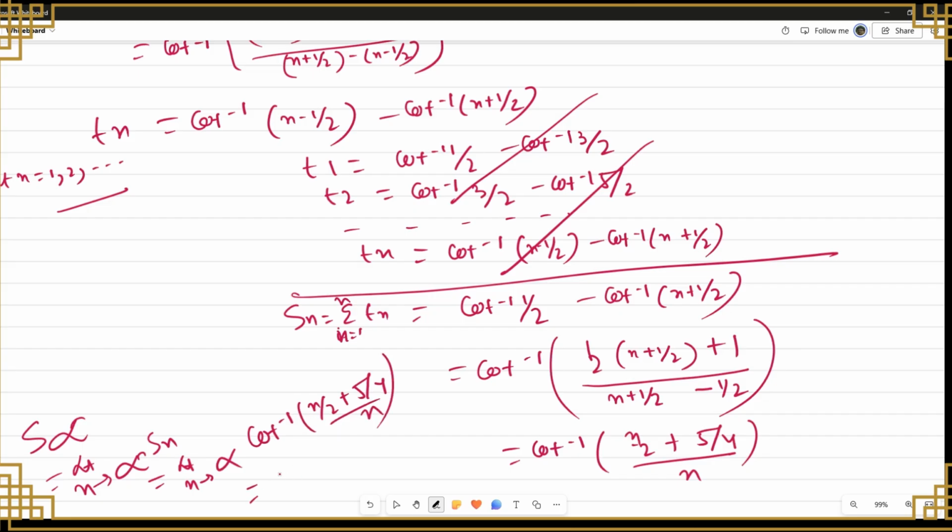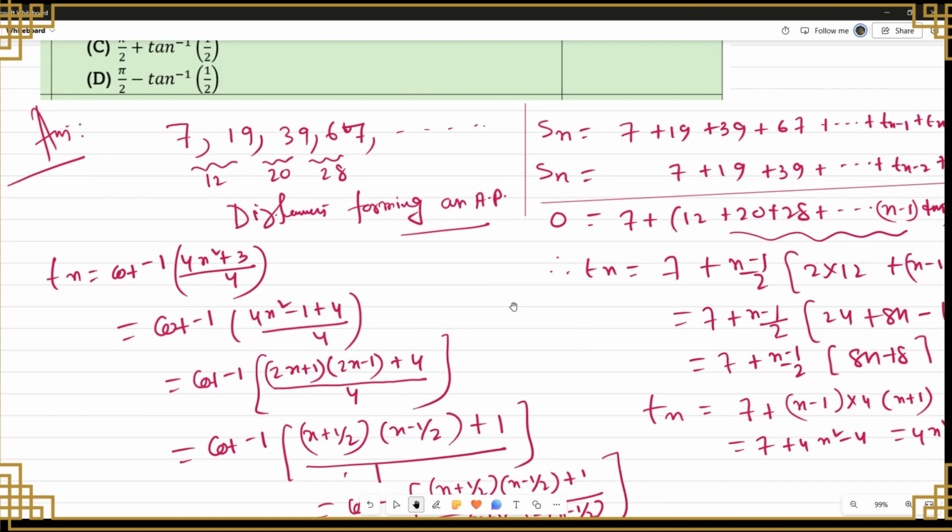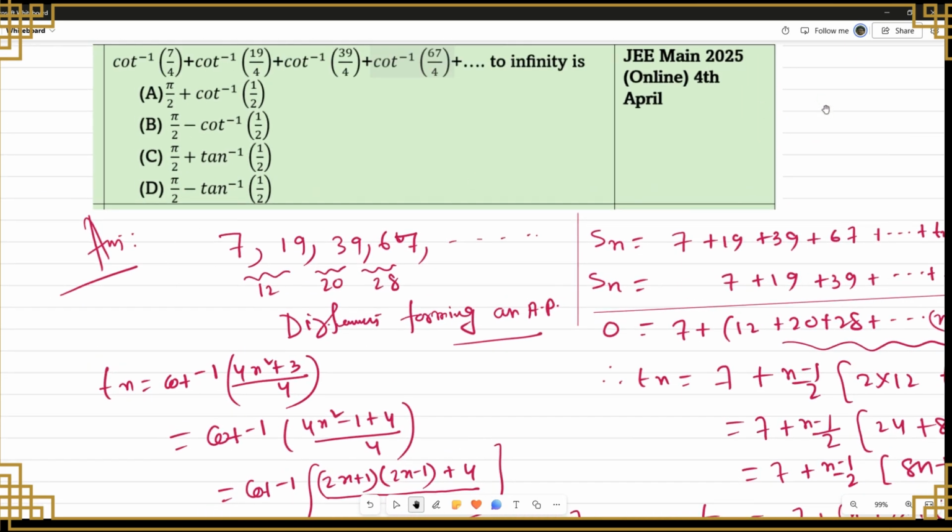So it is cot inverse of 1 by 2; 5 by 4n is 0 because n is infinite. So the answer is going to be cot inverse half. Just check once. It's going to be cot inverse half. Cot inverse half is pi by 2 minus tan inverse half. So the answer is this. Hope you have understood.